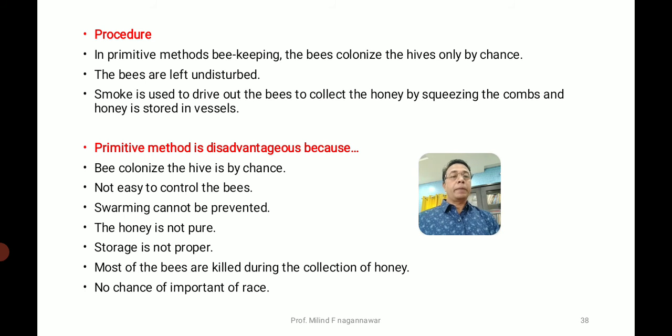And swarming, the mass movement of these honeybees, cannot be prevented. And as I told, during the extraction of the honey, there will be a lot of mixing of dust, damaged tissues of the larvae, pollen grains and other materials in the honey. So that is why the honey is not pure also.